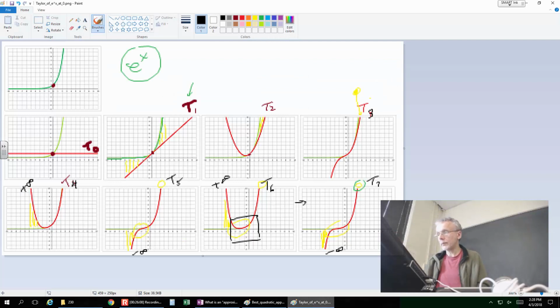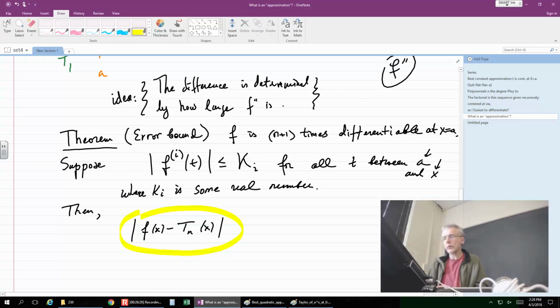All of these yellow vertical segments separate the graph and its approximation. Now we are looking at this algebraically. So that is the error of the approximation.